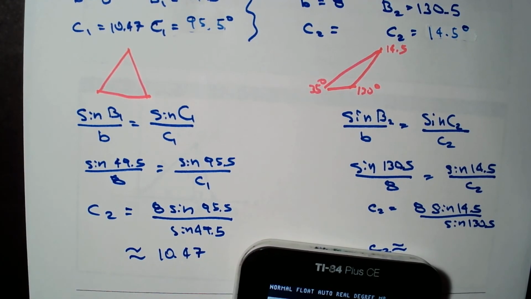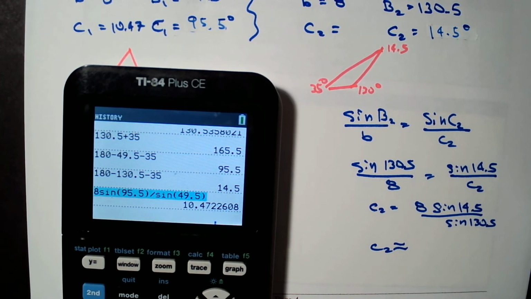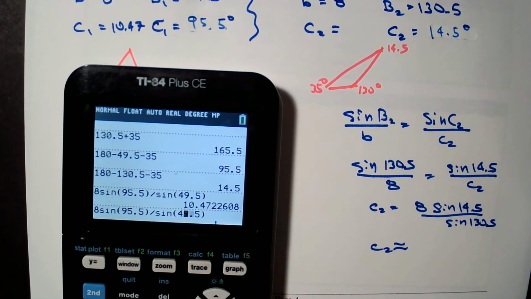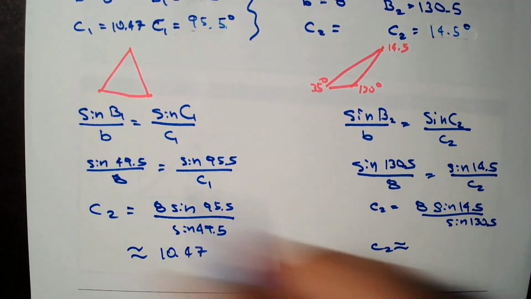And that's 8 sine 14.5 over sine 130.5. And that's 2.63.